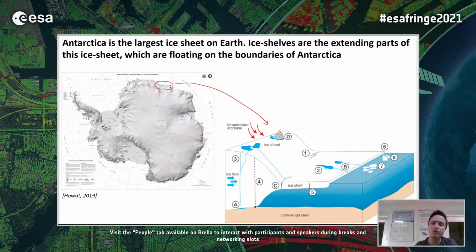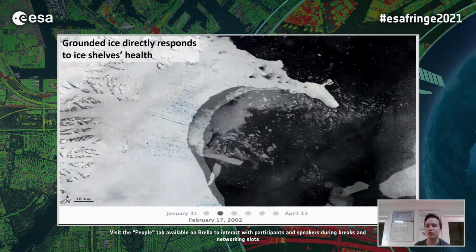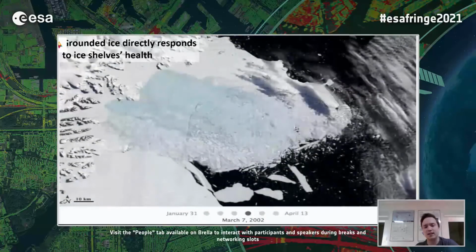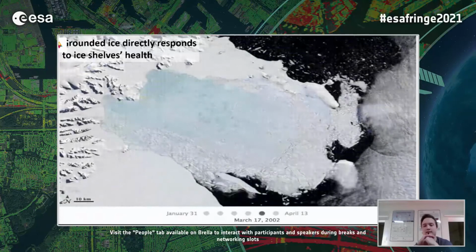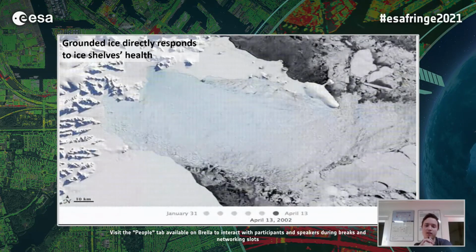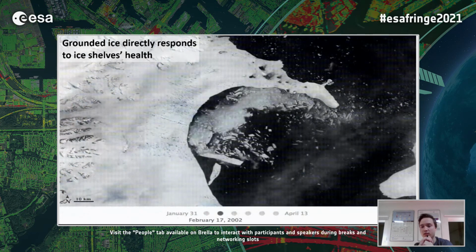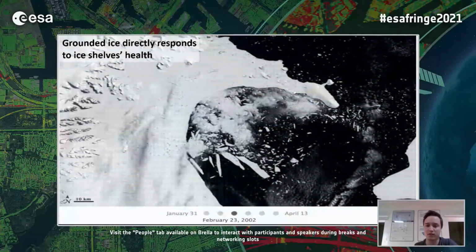So if you remove this ice shelf, you can observe a huge acceleration of the ice flow from inland ice, and so you have a sea level rise. This is quite concerning in a society where half of the human population lives in coastal areas. That's why we are studying ice shelves.